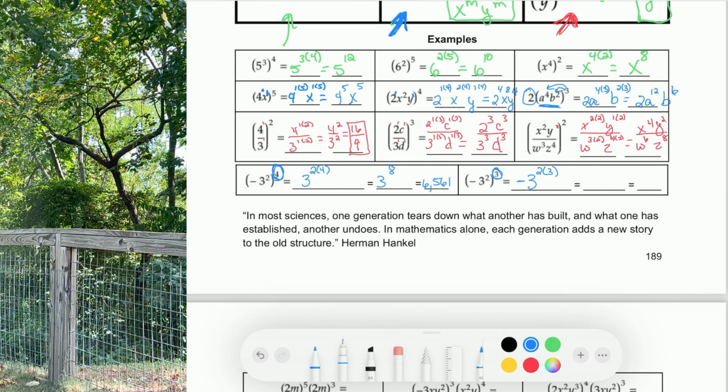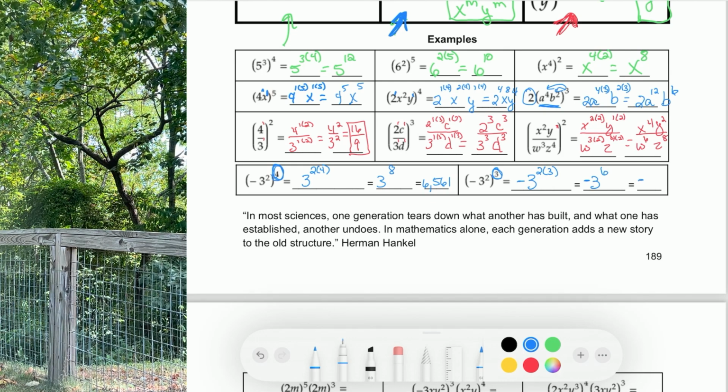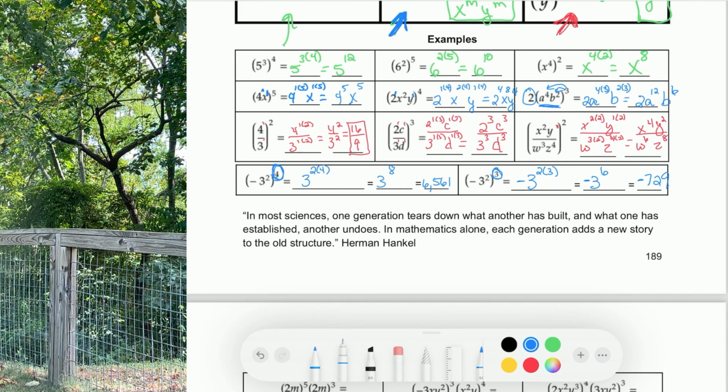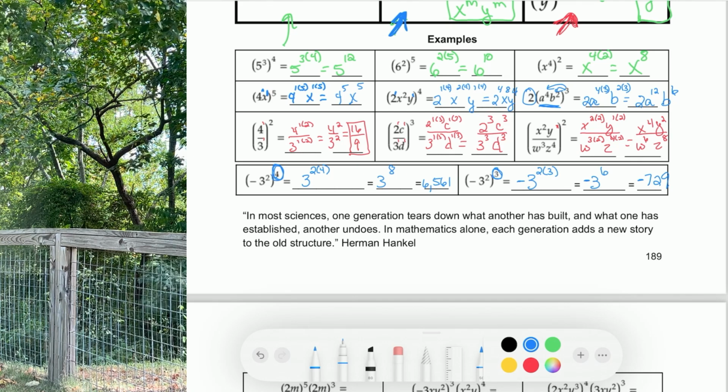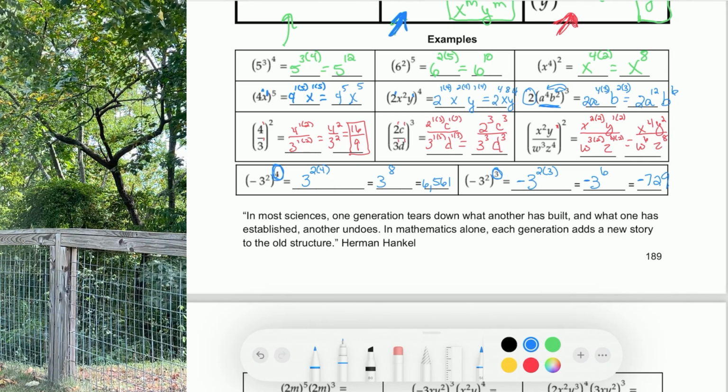I end up with a -3 to the 6th power, and I end up with -729. So when you come across a problem like this in your homework, quiz, or test, make sure you look at this so you can remember the difference between the two and how that will affect your answer.